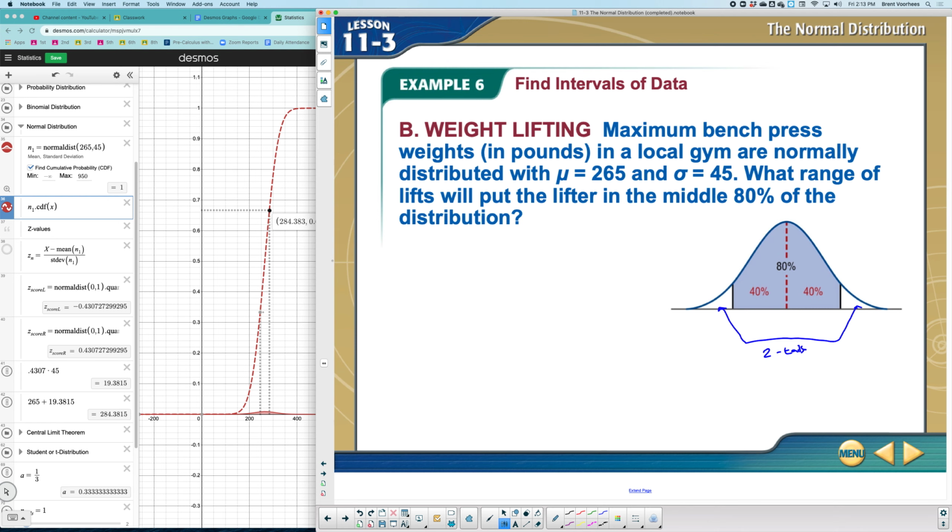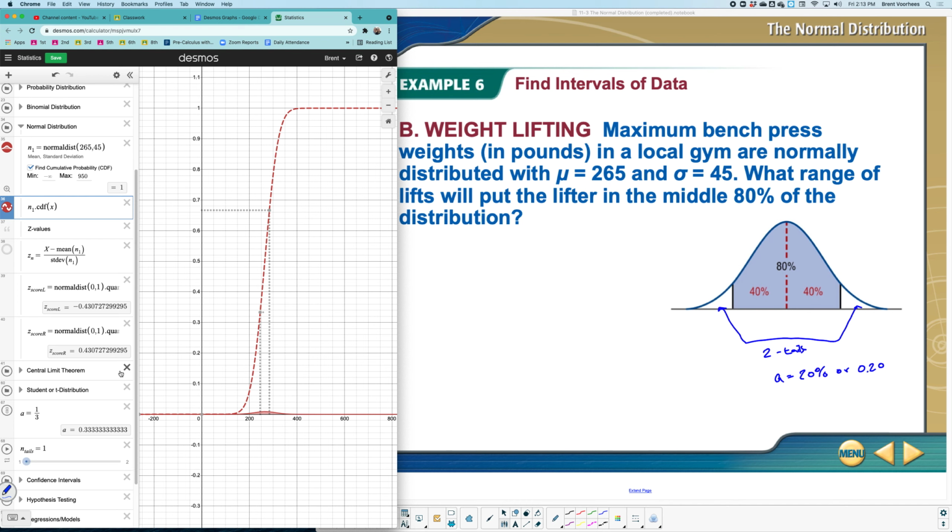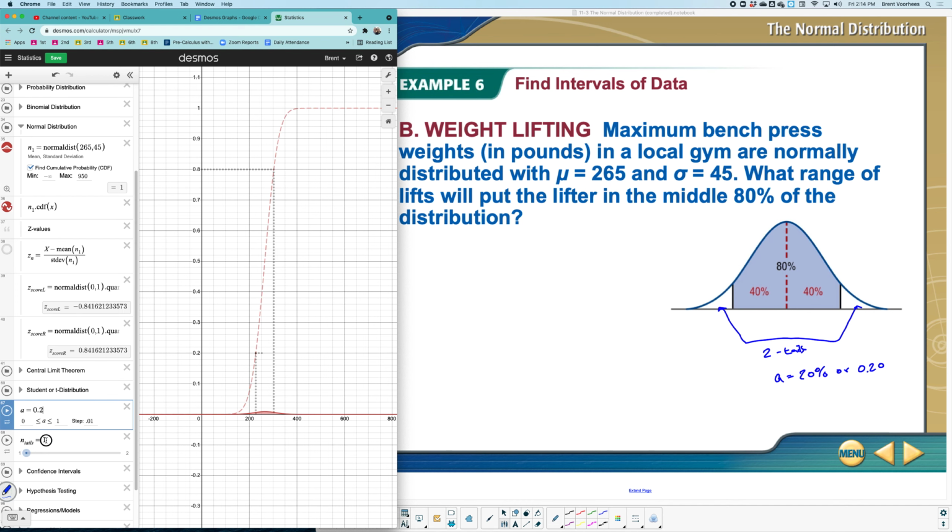The A value is the area on the outside, which would be 20%, or 0.2. So let me delete this. We're saying A is 0.2, but there are two tails. I want to know this middle 80%.